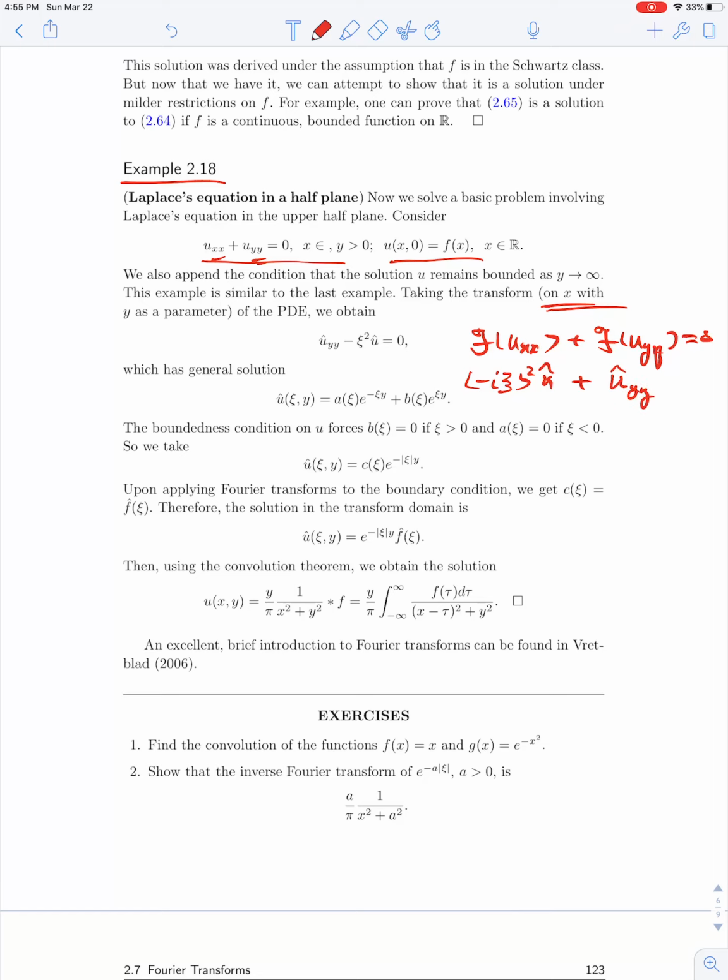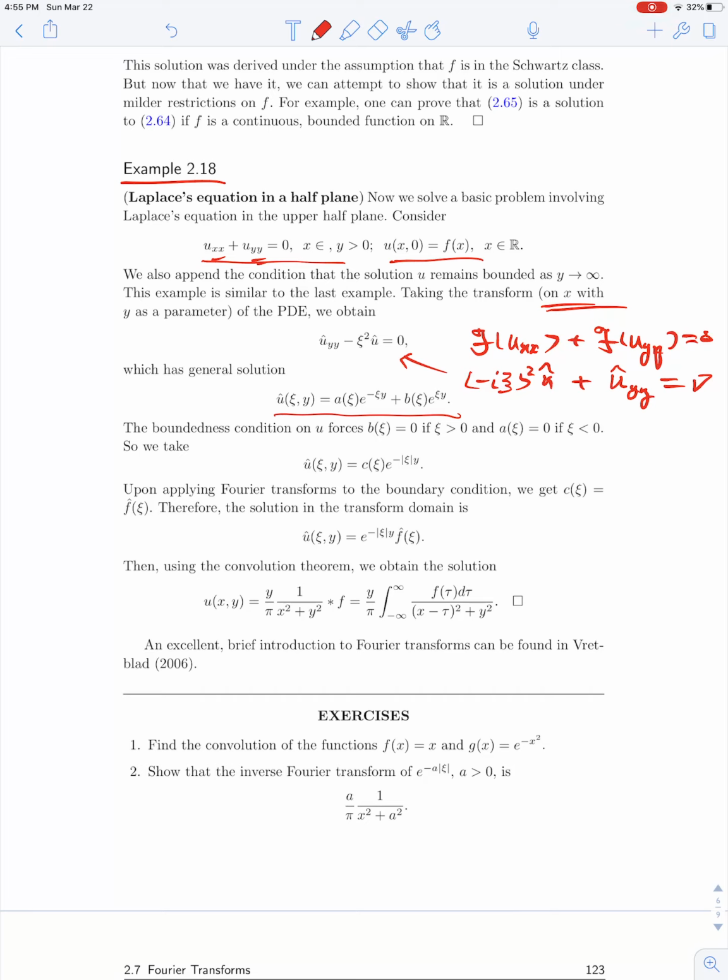Let me just write this down here. Then this becomes this equation here, and this is an ODE now for u hat. This is an ODE with derivative only with respect to y, so then you can solve this equation.